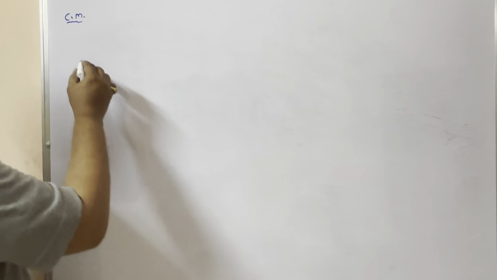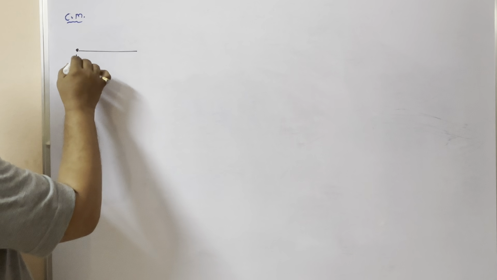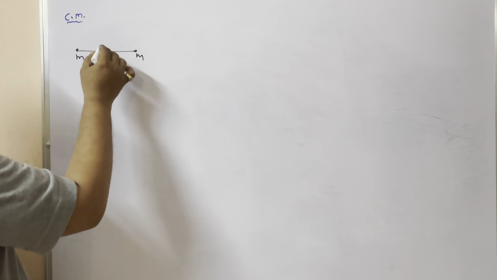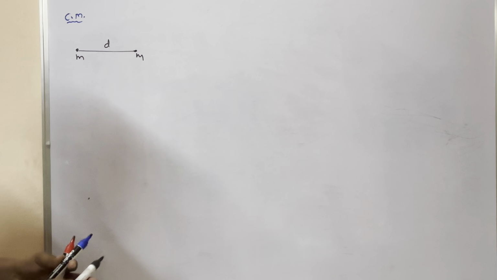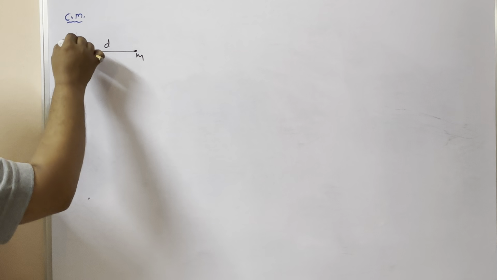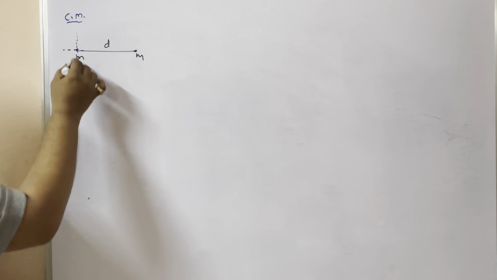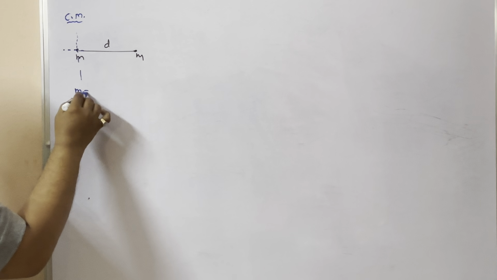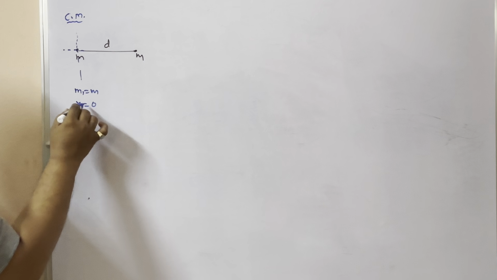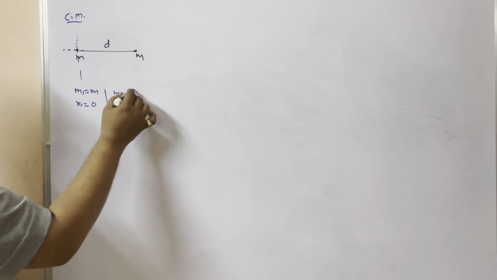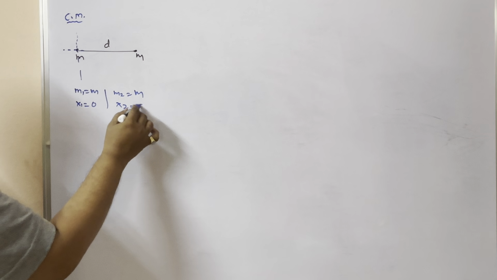If two equal masses, m and m, are taken, separated by a small distance d, then where is the position of center of mass? We will take m1 as m, x1 as 0, m2 as m, x2 as d.